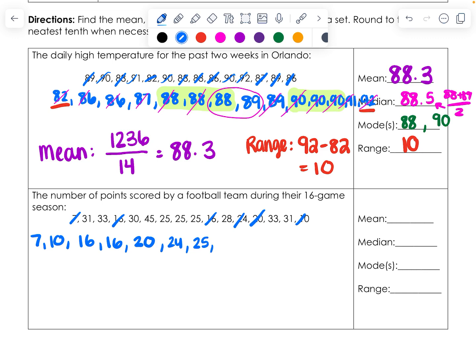And it looks like I have 3 25s. 28 would be next. I have 1 30, 2 31s, 2 33s, and a 45. I keep running out of room. I'm writing my numbers way too big.